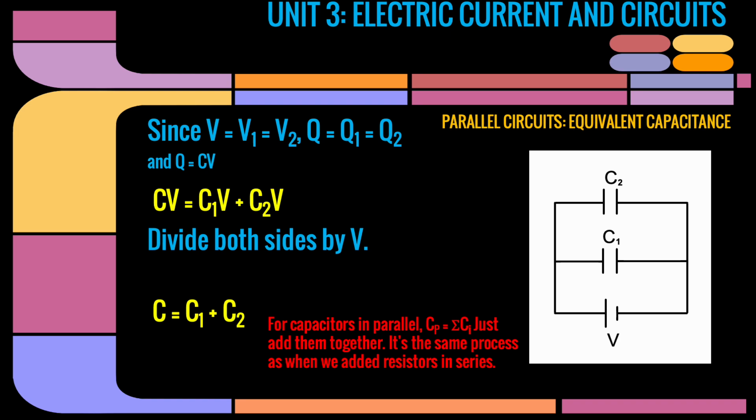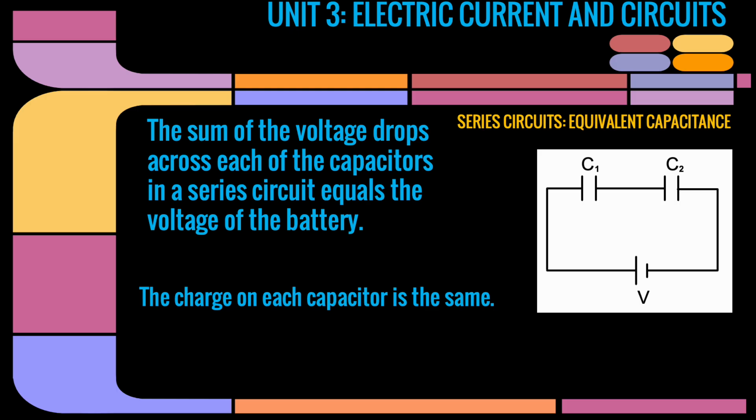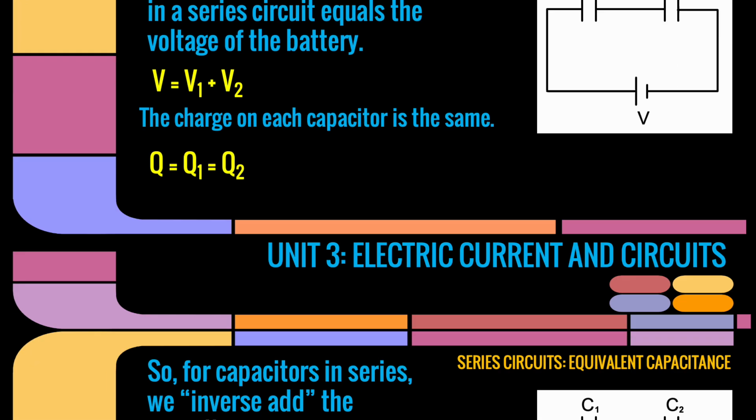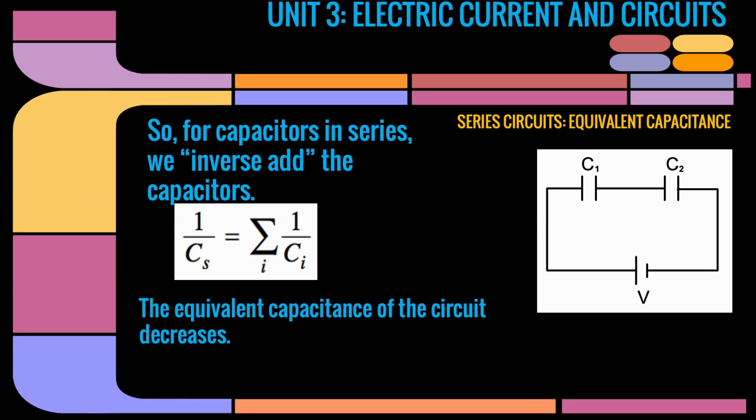Well, let's take a look at series capacitors. Here, the voltage is added across those, just like the series resistors were. And then the charges would be the same. Taking a couple of shortcuts here, but for capacitors in series, we do the inverse addition.